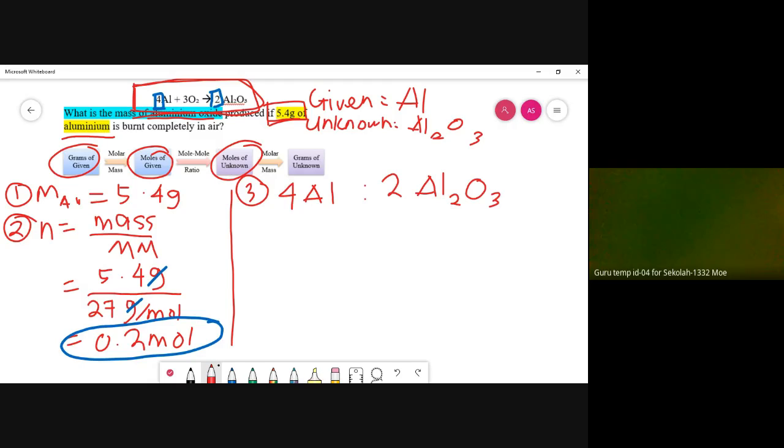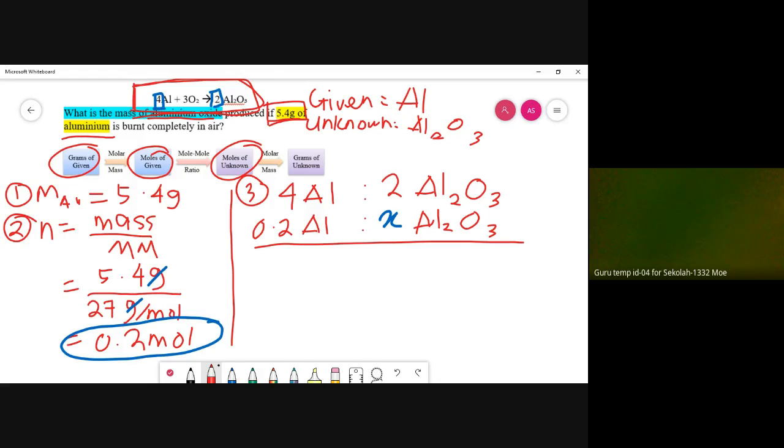Okay, and then take the information from the second step, that is 0.2 mole of Al. Then ratio. Now, since we would like to find the moles for the unknown, kita denote depan ni as X, X mole of Al2O3. Sampai sini ada soalan? Tak ada.